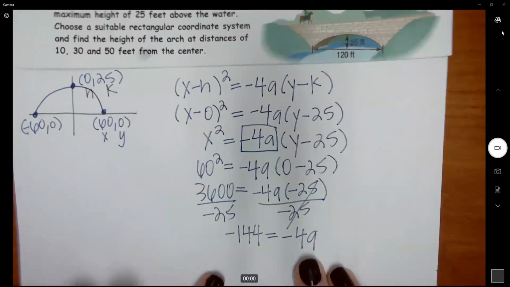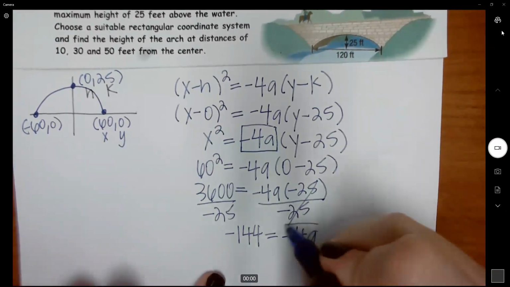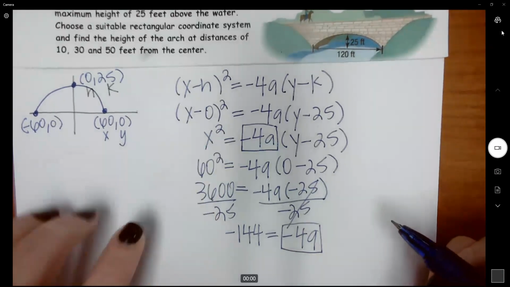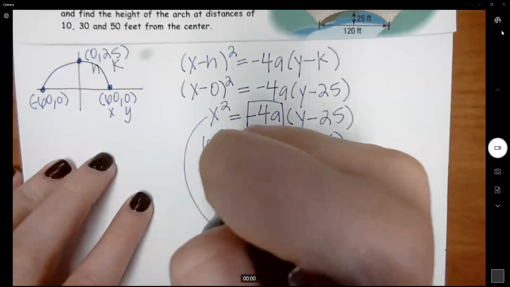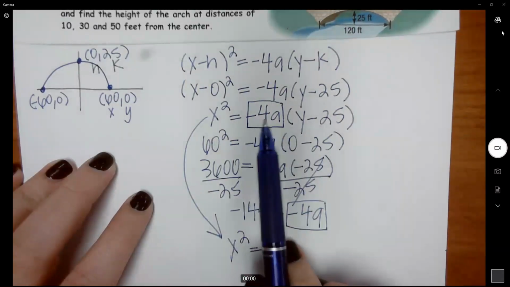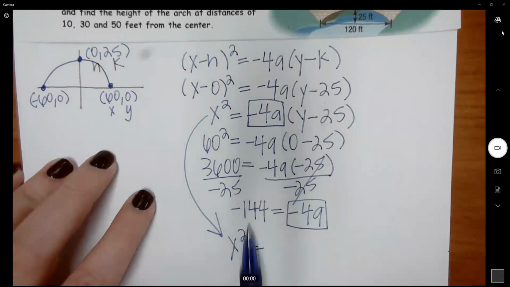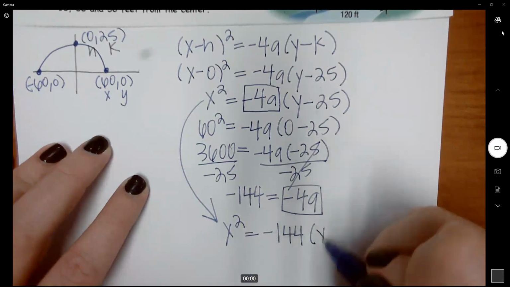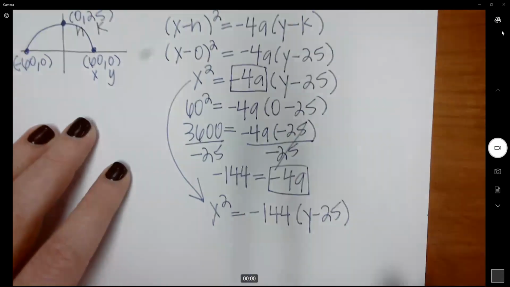So I'm going to take what I have found, negative 4a, and I'm going to replace it right here. So now this equation becomes x squared equals, instead of negative 4a, we found negative 4a to be negative 144, times (y minus 25).